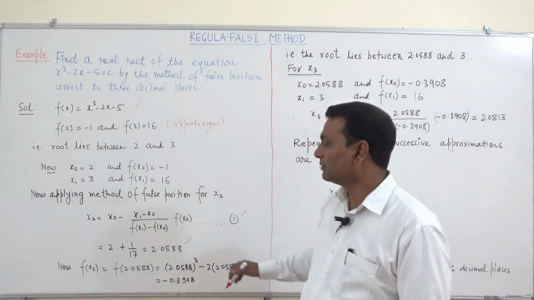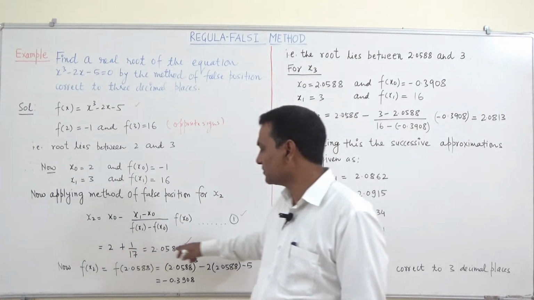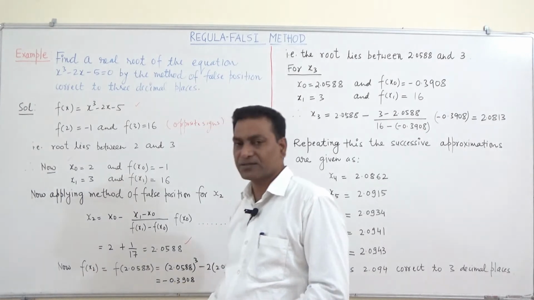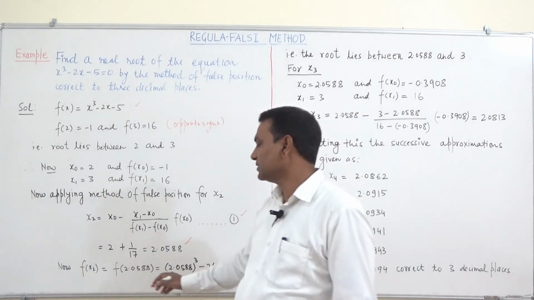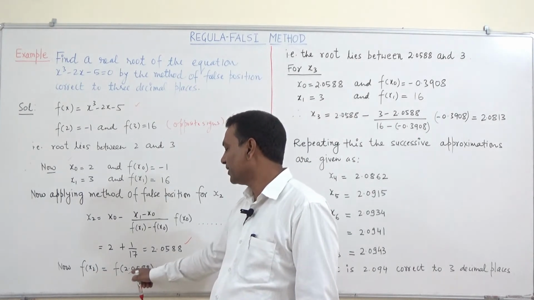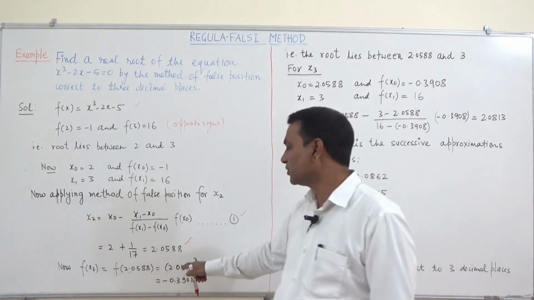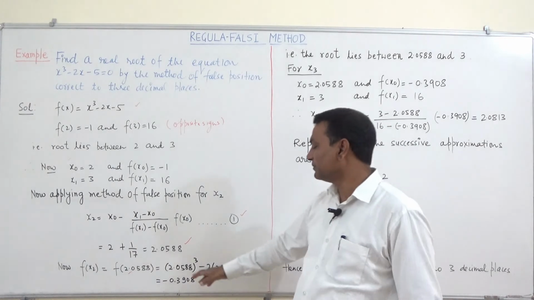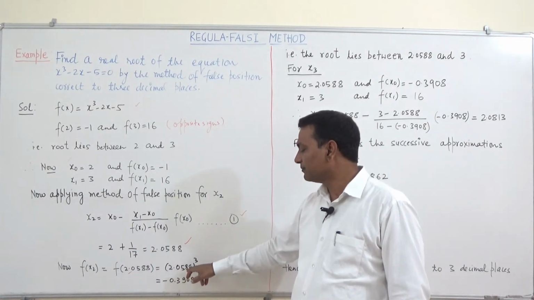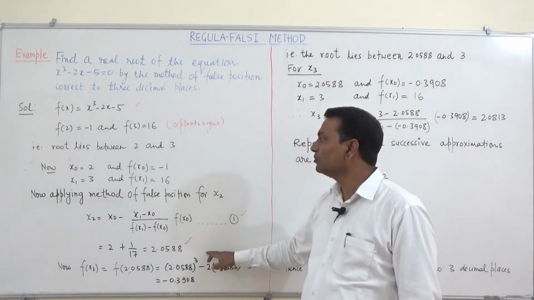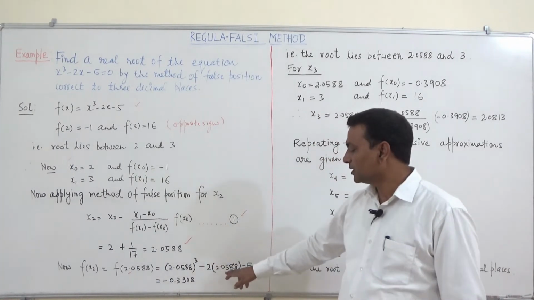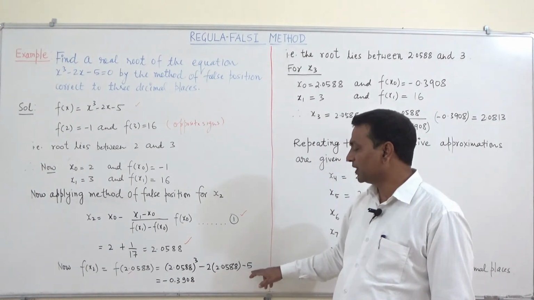Now after finding this approximation, we will find f(x2). So f(x2) will be 2.0588 cubed minus 2 into 2.0588 minus 5.